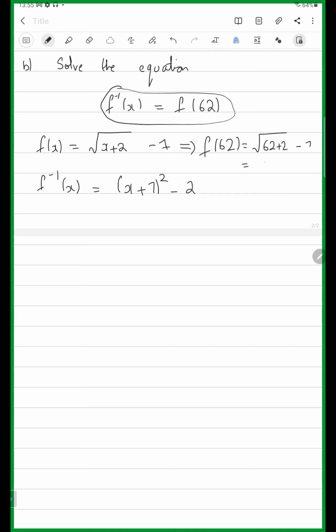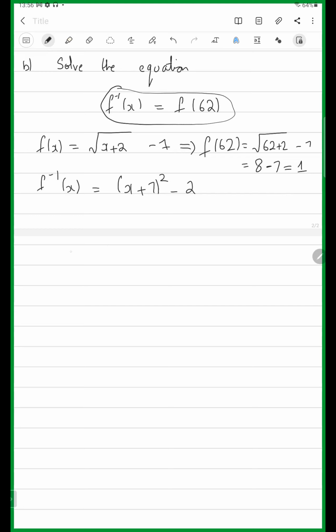This would be 8 minus 7, and that would give you 1. So f of 62 is 1, and f inverse is what we have just calculated in the previous part.